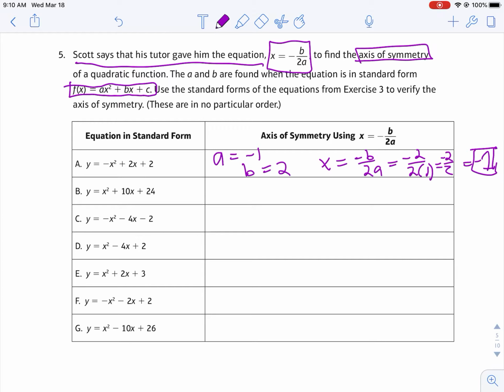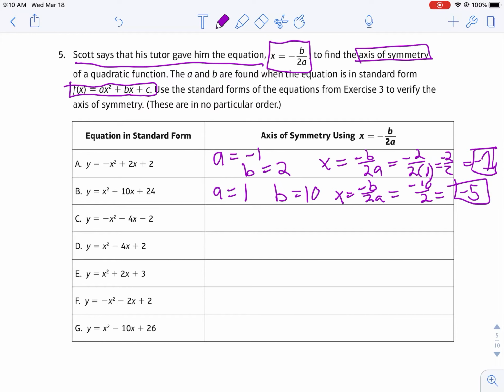I'll do a couple more examples. I'm not going to go through all of them. Letter B, I have a equals 1, b equals 10. Therefore, negative b over 2a equals -10 over 2, which is -5.